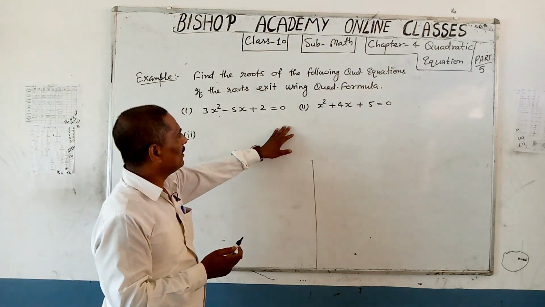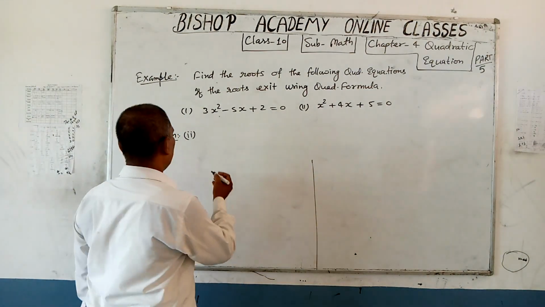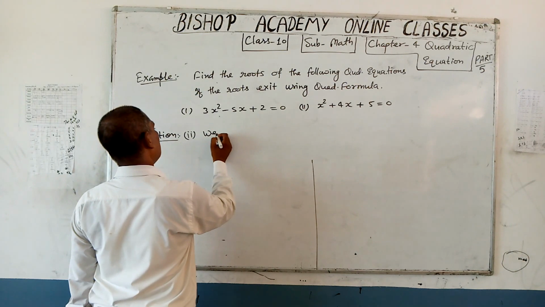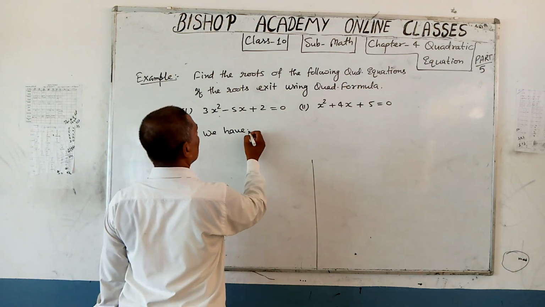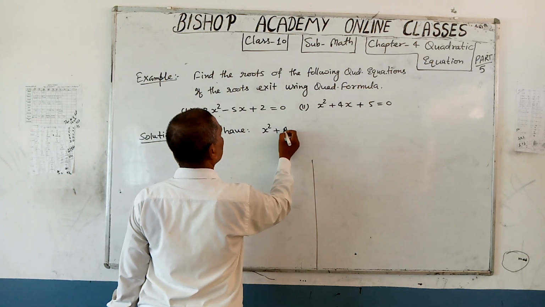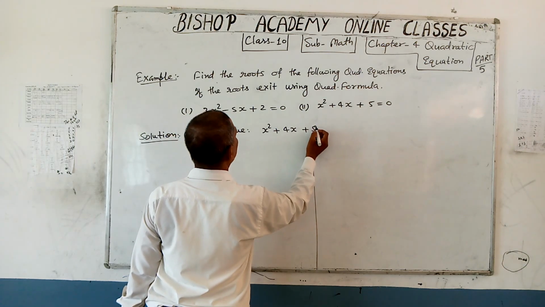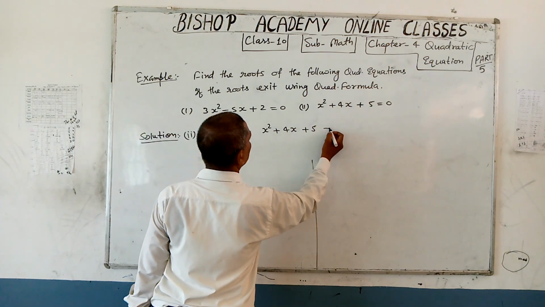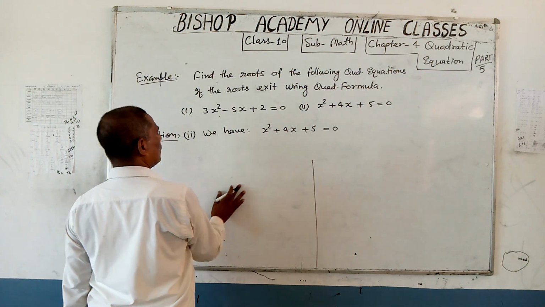Now let us see how to solve the second part using the quadratic formula. We have x square plus 4x plus 5 is equal to 0.